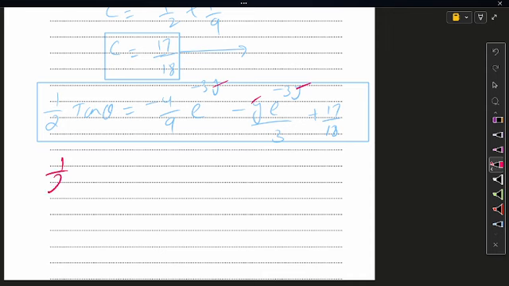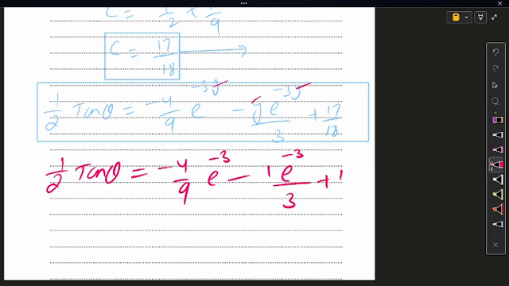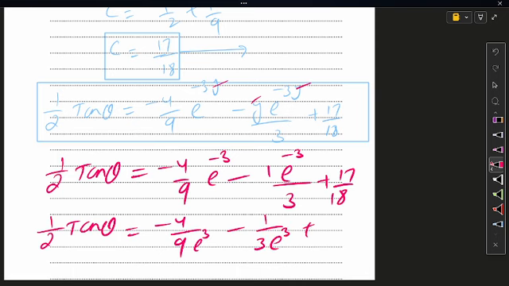So that becomes 1 by 2 tangent of theta, which is equal to minus 4 by 9 e raised to the power minus 3 minus 1 times e raised to the power minus 3 by 3 plus 17 by 18. And that becomes 1 by 2 tangent of theta equal to minus 4 by 9 e cube minus 1 by 3 e cube plus 17 by 18.